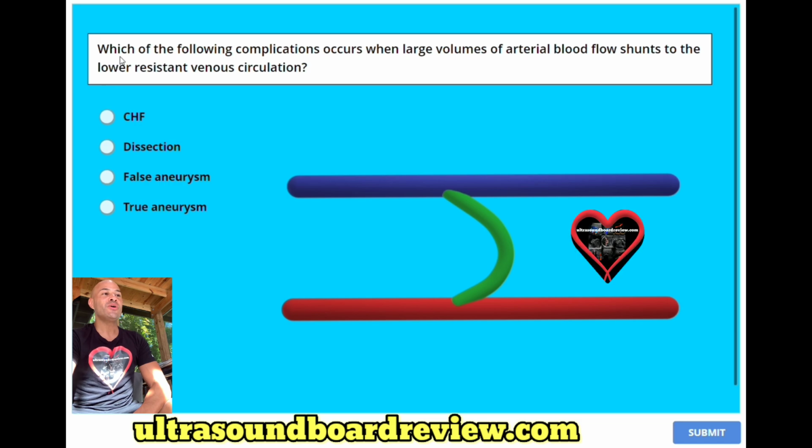Question number 14. Which of the following complications occurs when large volumes of arterial blood flow shunts to the low resistant venous circulation?